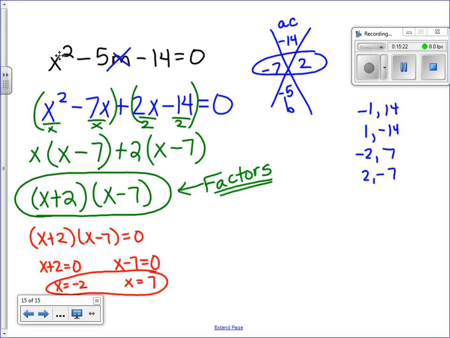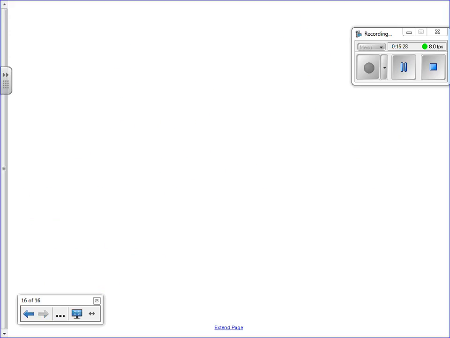Alright, let's try another one. Okay. 2x squared plus 2x minus 12. That's not the one I want to do. Ignore that. 2x squared is right, but it's minus 3x minus 5.